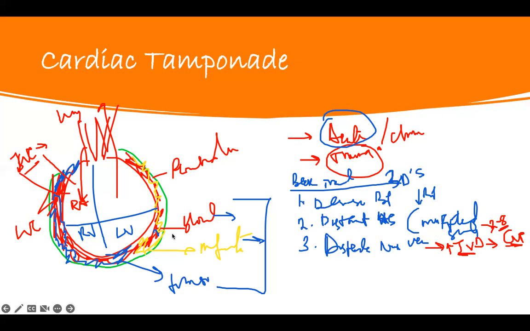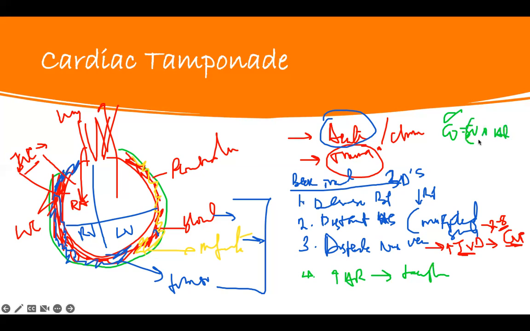So in order to compensate, these are compensation symptoms, you're going to increase your heart rate. And so they will have tachycardia. So you increase heart rate to increase your cardiac output. Remember, I don't want to go too much. Cardiac output is stroke volume times heart rate.